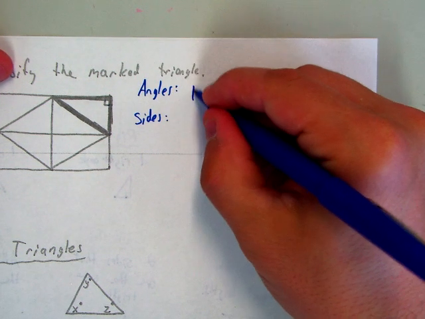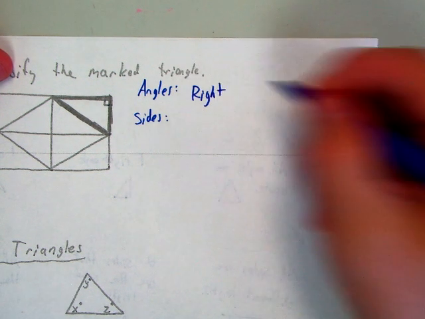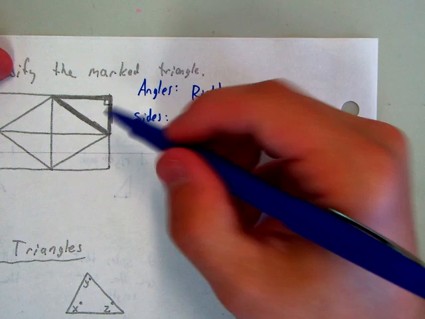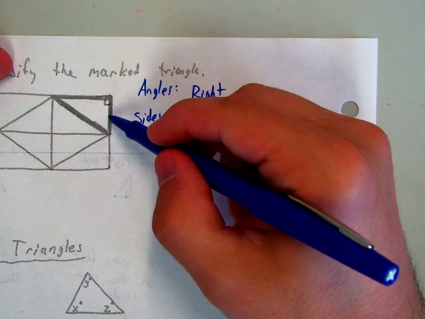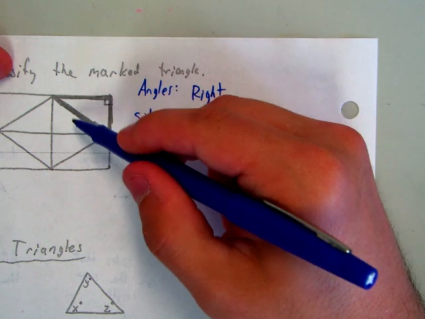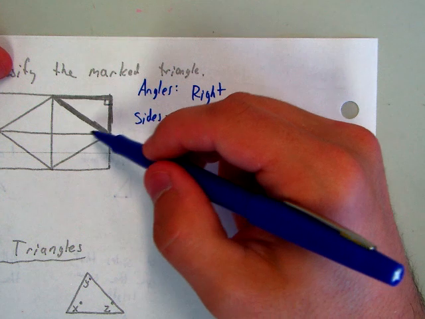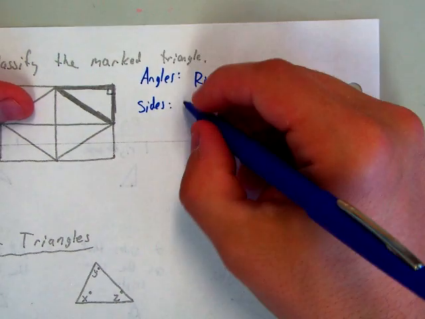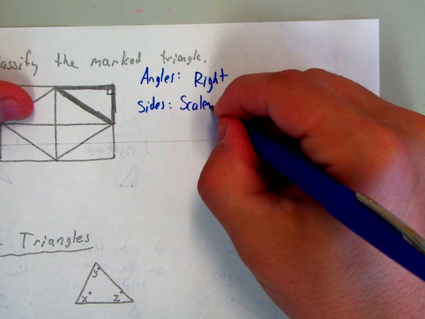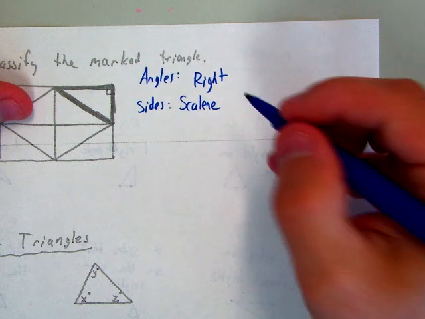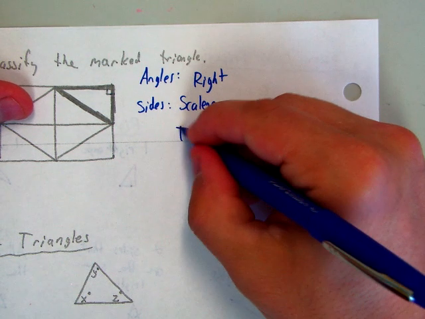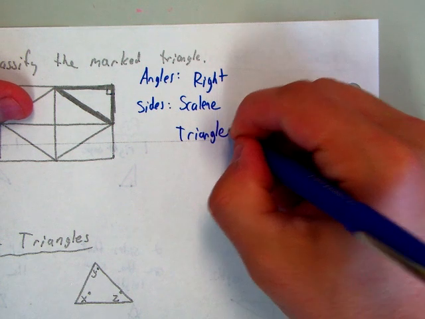So that means it's a right triangle. The sides, none of them have those little dash marks that show that they are the same size, which means that they're all different sizes, which means that it's a scalene triangle. So this is a right scalene triangle.